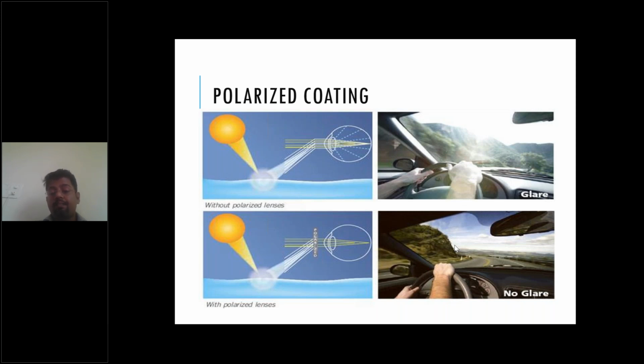Polarized lenses cannot be in clear or very transparent white glasses. They can only be tinted, meaning black or brown polarized lenses. They can't be clear transparent without any color. That is the only disadvantage with polarized lenses. Other than that, polarized lenses are one of the best lenses available in the market.